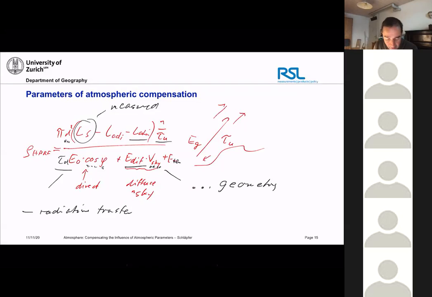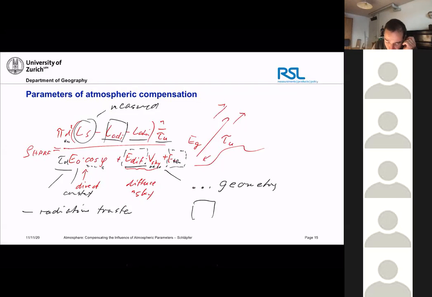So we have almost everything done, but we have a little bit of trouble. E0 is a constant, like the solar spectrum, and we have the adjacency missing, and maybe also the diffuse, or the terrain, that one is missing.